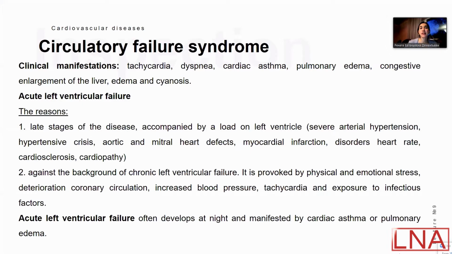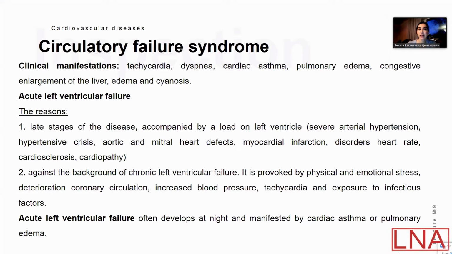Clinical manifestations of heart failure can include tachycardia, dyspnea, shortness of breath, cardiac asthma, pulmonary edema, congestive enlargement of the liver, edema and cyanosis.